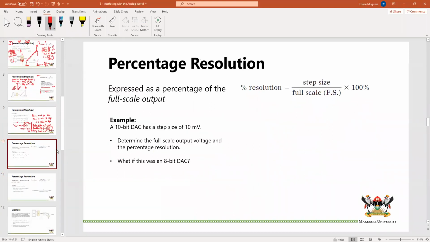So we do have something that we call percentage resolution, and this is where we express the resolution as a percentage of the full scale. Okay, so we know the resolution to be the step size. This is your 0.2 volts per step. We divide it by the full scale and then put it in percentage form.